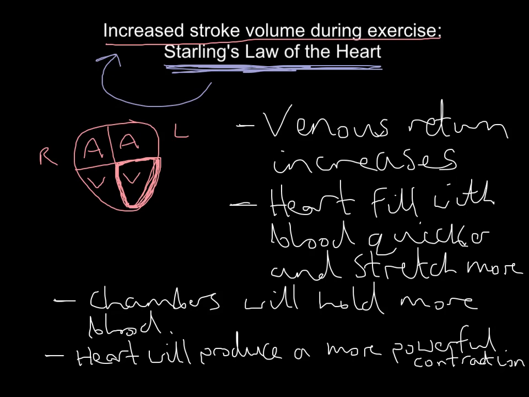And if it's holding more blood, the chamber, that left ventricle there, as well as all the other three, but that's the one we're interested in, can hold more blood, and it produces a more powerful contraction, how much blood is it going to pump out per beat? More. And that is your increased stroke volume. The physiologist who figured this out was Starling, so it's known as Starling's Law of the Heart, okay?